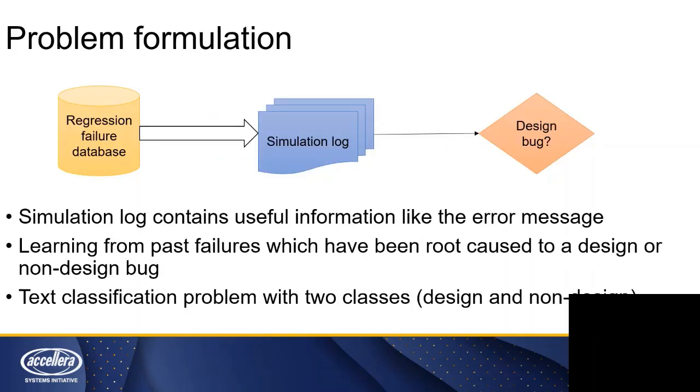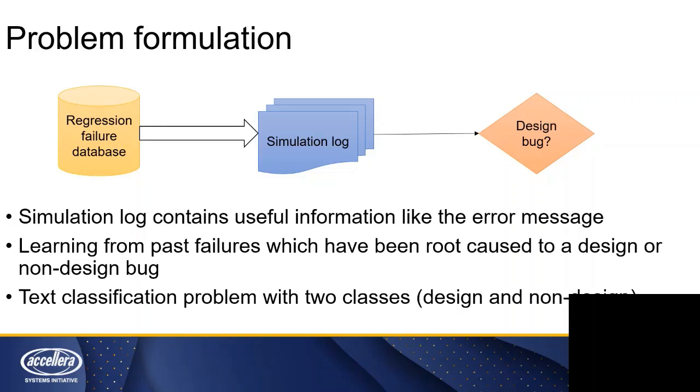One of the main objectives of the proposed solution is to identify whether a particular failure in a regression indicates a possible RTL design issue, based on the historical data captured for previous failures using ML. The captured error messages in the regression logs will be the input to the ML model.